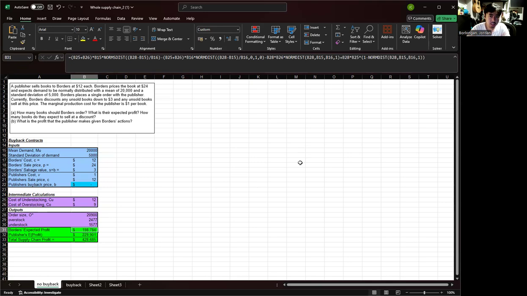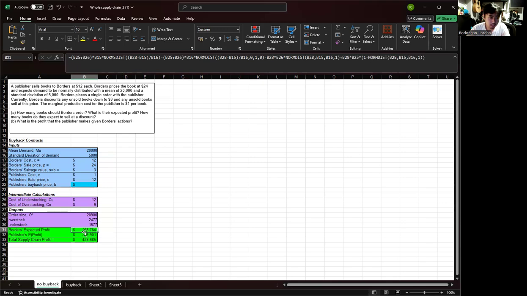To compute the expected profit, again similar to the last one, it just involves more manipulation and more computations of the z values.